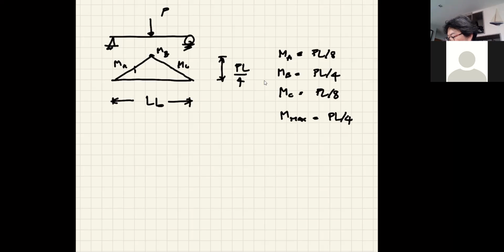Okay, so the CB for this case is going to be, for the numerator, 12.5 M max, which is PL over 4, so it's a quarter.